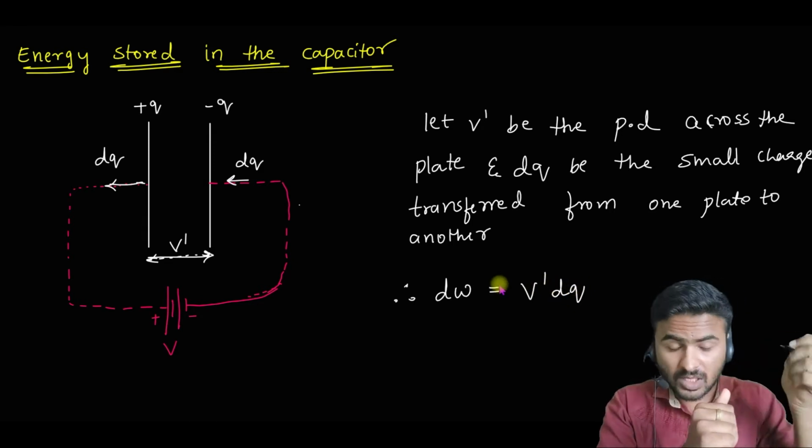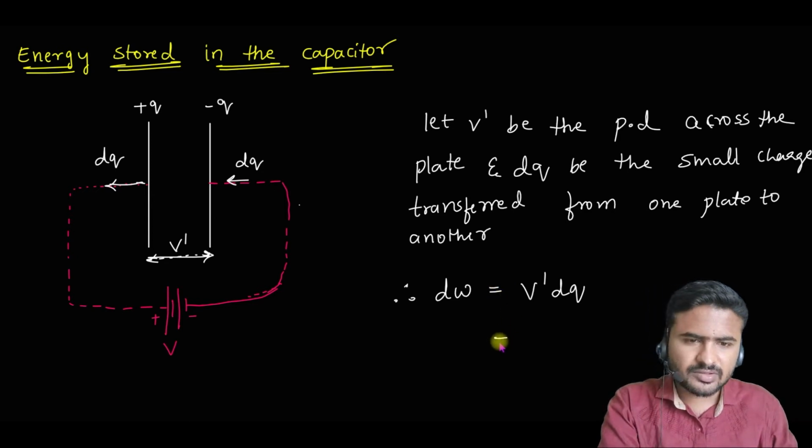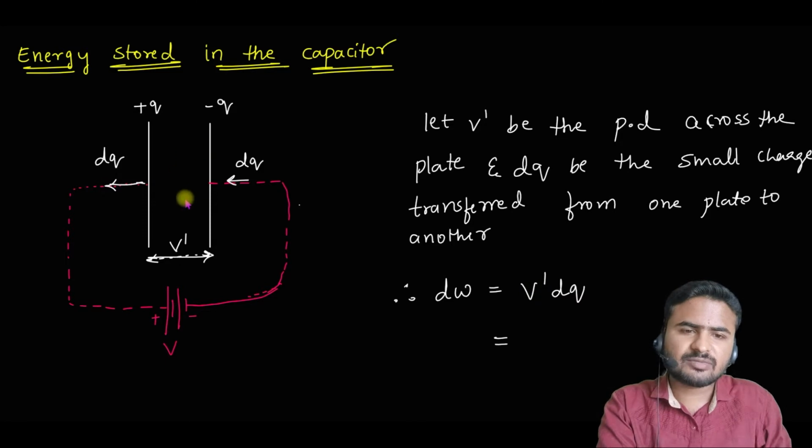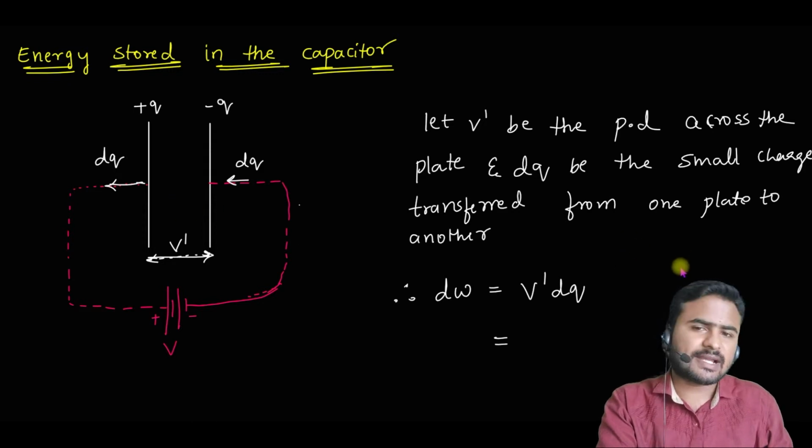And now how do I find V dash? V dash is nothing but the electric field multiplied by the distance between the plates. But actually we don't want that.